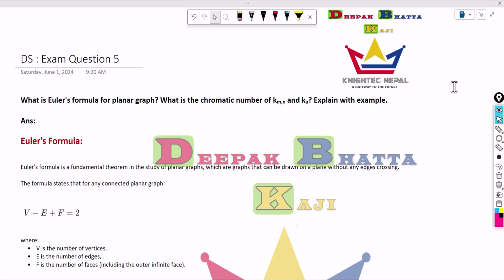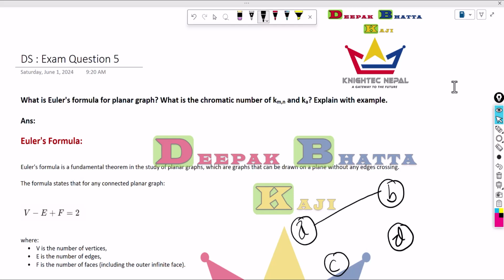Let us consider A as a node and B as another node, and C and D as other nodes. If I put an edge from A to B and from A to D, and then I want to move from B to C, this point is a crossing point.